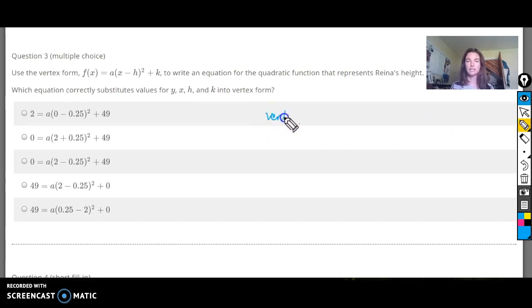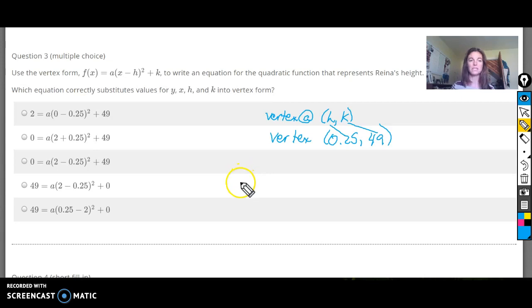So our vertex is at h and k. But fortunately for us, we already found that vertex at 0.25 and 49. So we know that h is 0.25 and k is 49.